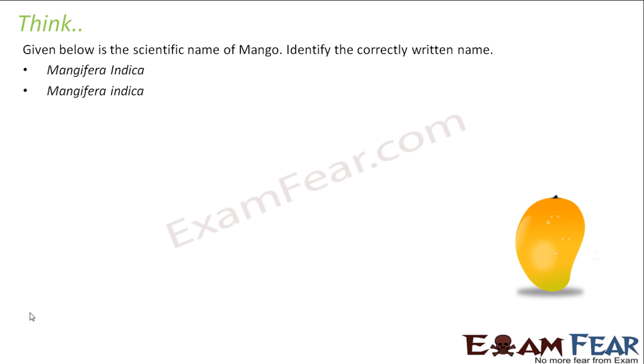So here M is capital, and the specific epithet should start with a small letter. So here if you see in the first name, indica starts with a capital letter, but in the second name it starts with a small letter. So which one is the correct one? The second one. So this is the correctly written scientific name of mango.